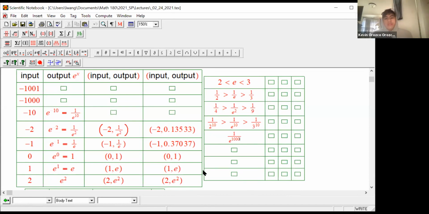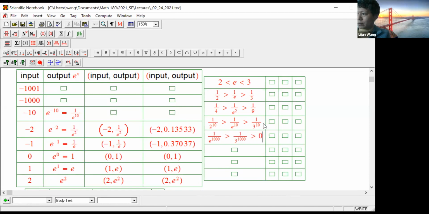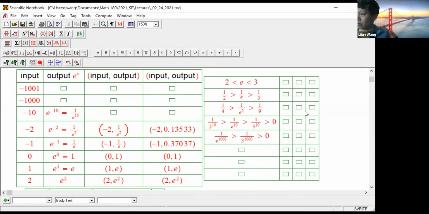This is going to be larger than what? 1 over 3 to the power of what? 1,000. It's a very small number. You agree, right? But it is still positive. It's still larger than 0, isn't it? Larger than 0.